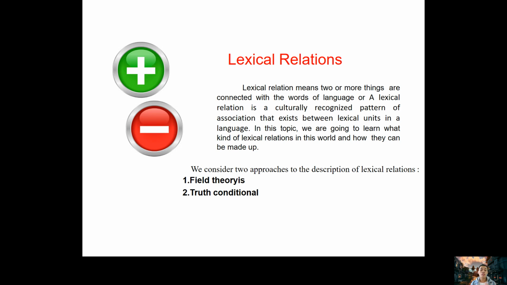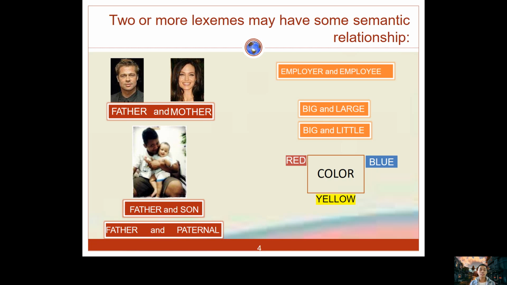Before that, we consider two approaches to describe lexical relations: field theories and truth conditional semantics. Two or more lexemes may have some semantic relationship, like father and mother, employer and employee, big and large, big and little, father and son, father and paternal, and color.